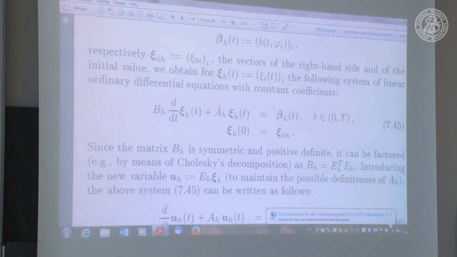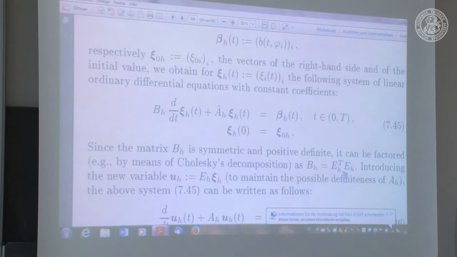That would not be so good, because if we have, for example, symmetry and positive definiteness here, that would be destroyed by that. So if one really wanted to get rid of this BH, one should do it another way. Namely, BH is, as I said, symmetric and positive definite, so it has a Cholesky decomposition.